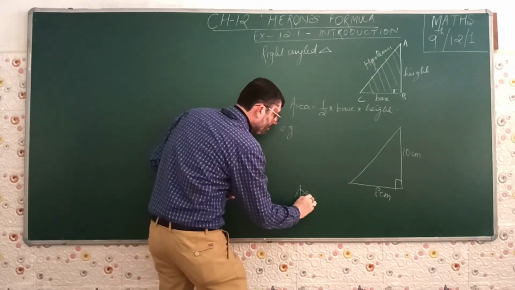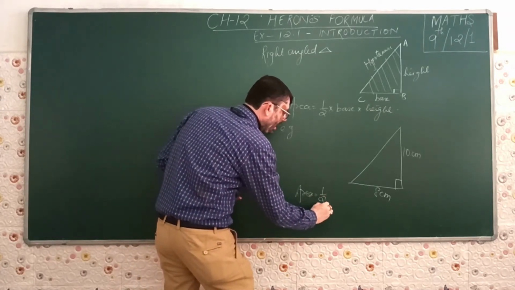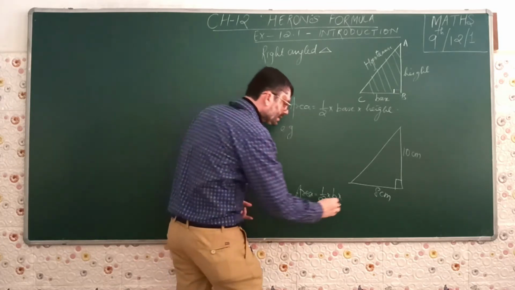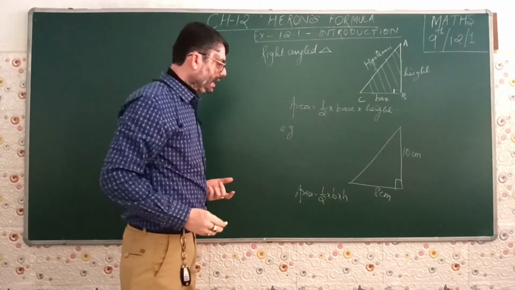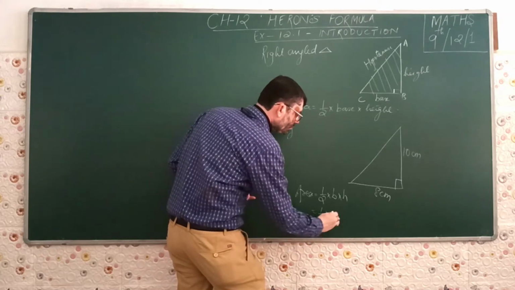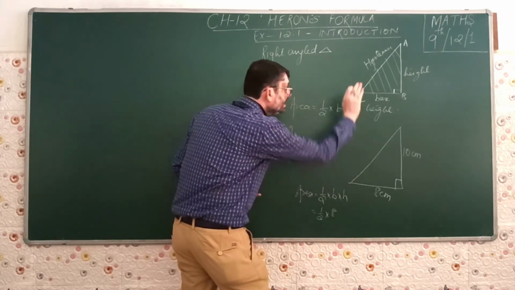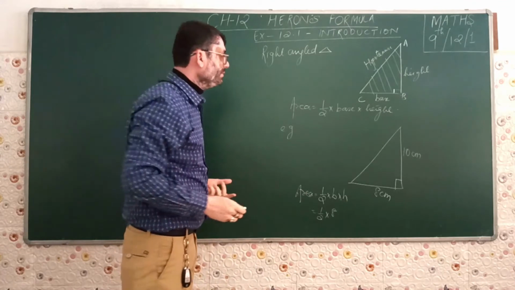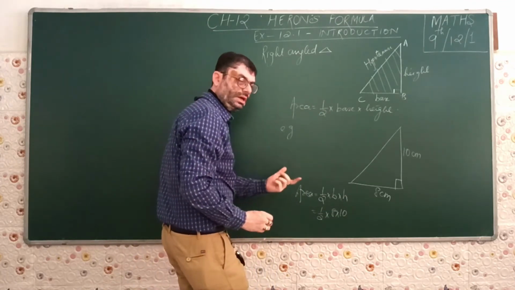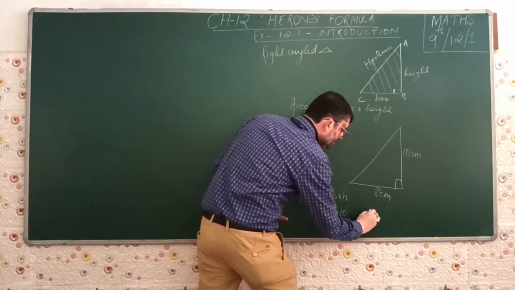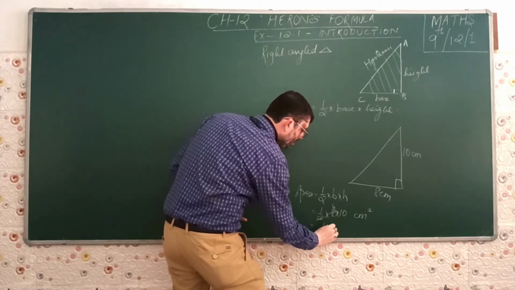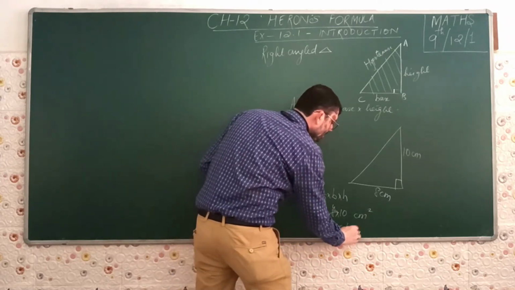Let B be the short form for base and H the short form for height. Substituting, area is half into 8 into 10, and the unit will be centimeters square. If you simplify, half of 8 is 4, so we get 40 centimeters square.